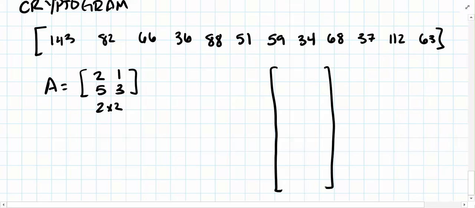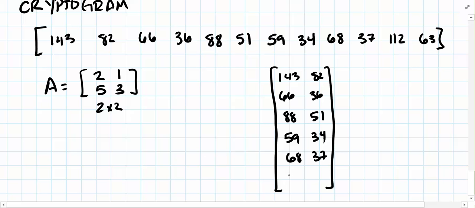So I'd have 143, 82, 66, 36, 88, 51, 59, 34, 68, 37, 112, and 63.